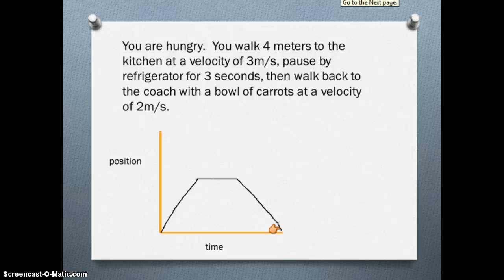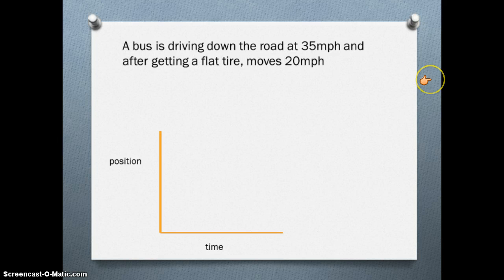Okay, so let's take a look at another problem. A bus is driving down the road at 35 miles per hour, and after getting a flat tire, moves 20 miles per hour. Again, you have a bus that's moving. It probably stopped, then started to go, and then got a flat tire, so it probably paused for a brief period of time, and then the bus decreased its speed.